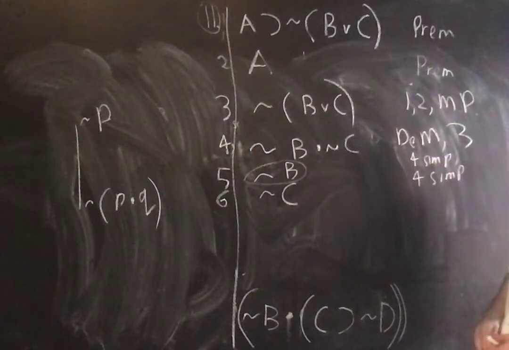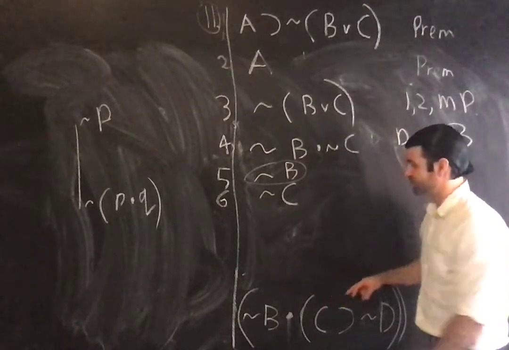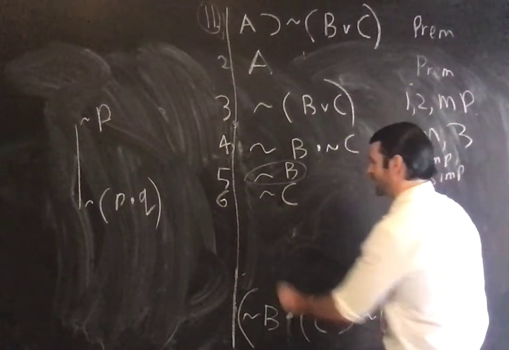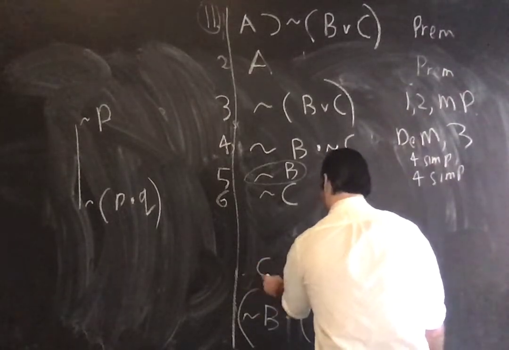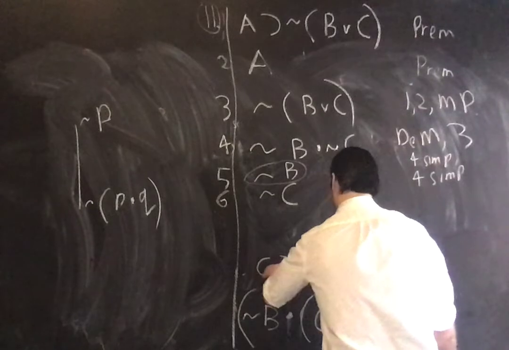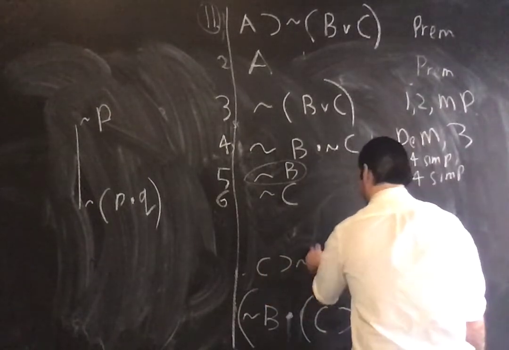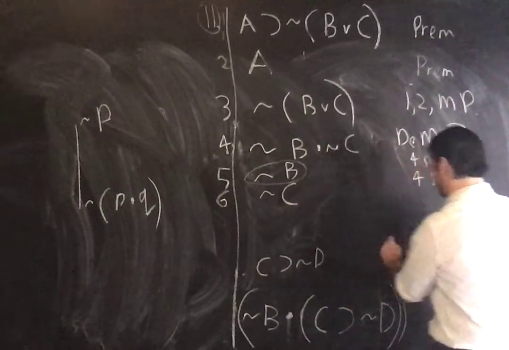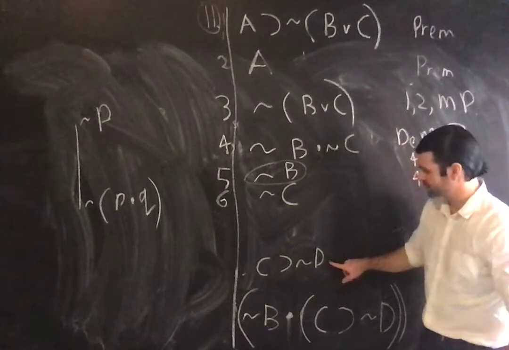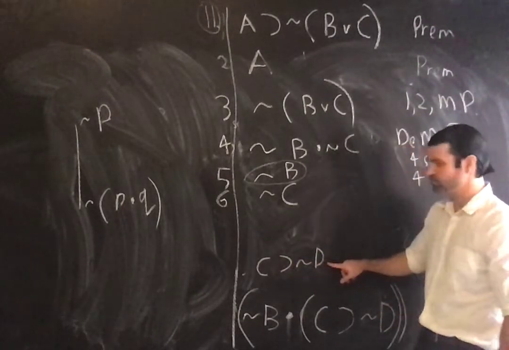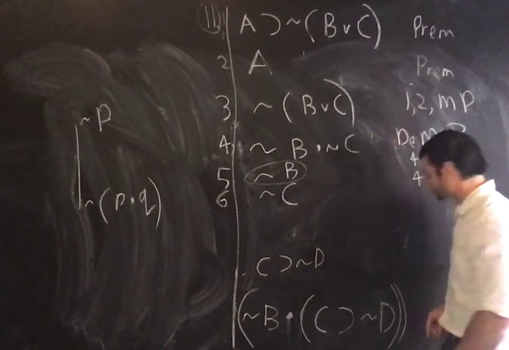Well, you need one of them here. Specifically, what do I need to get to? I've got one of the conjuncts, so I'm home free if I can somehow derive C hook not D, but not B by itself. I don't know where I'm going to get this yet. How am I going to get C hook not D?